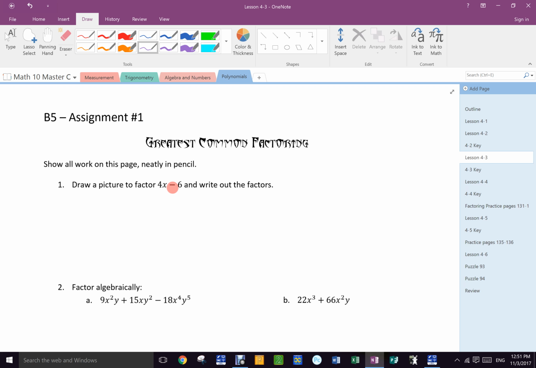So, this guy has 4 C's there, right? This guy has 3. This guy only has 1. So the most that I can take out is 1 C. Because this guy can give 1 C to the front only. This guy can give 3. This guy can give 4. But this guy can only give 1. Same with D. So I have to choose the smallest exponent.